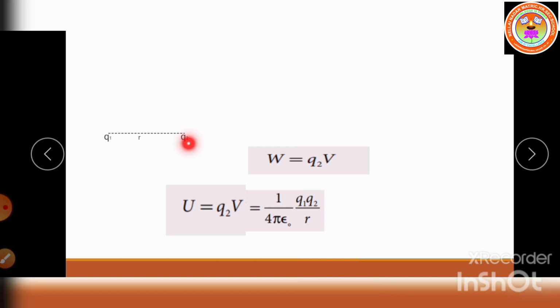Like this, if Q2 is fixed and we bring Q1 from infinity, or we bring both Q1 and Q2 from infinity, we have the same formula U is equal to 1 by 4 pi epsilon naught Q1 Q2 by R. Here also the electrostatic potential energy depends only on the distance between the two point charges.